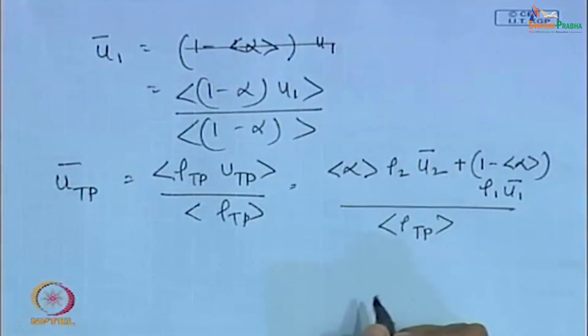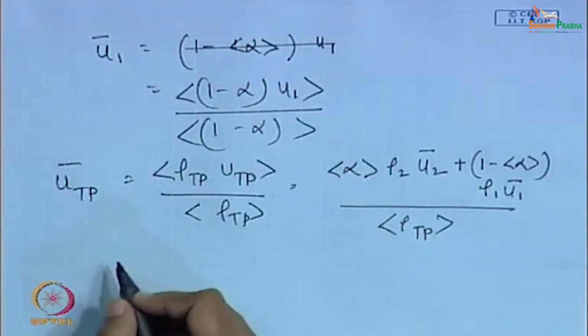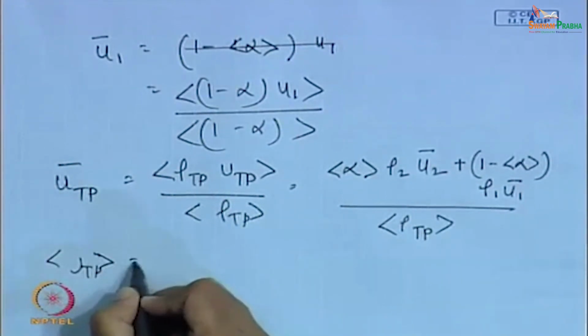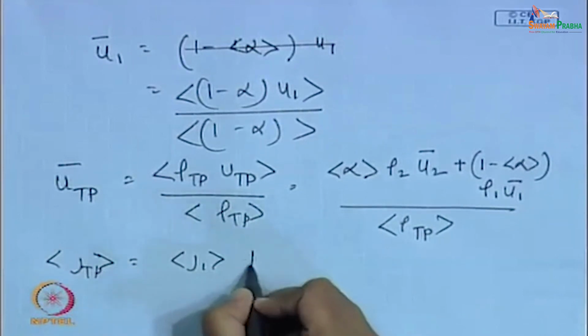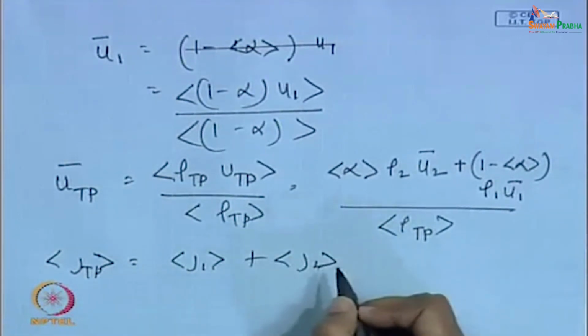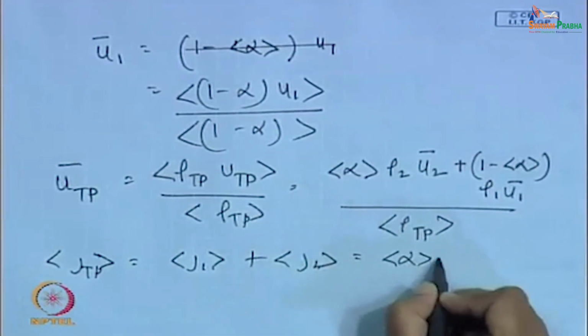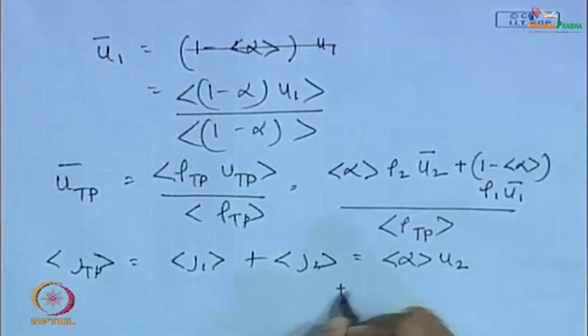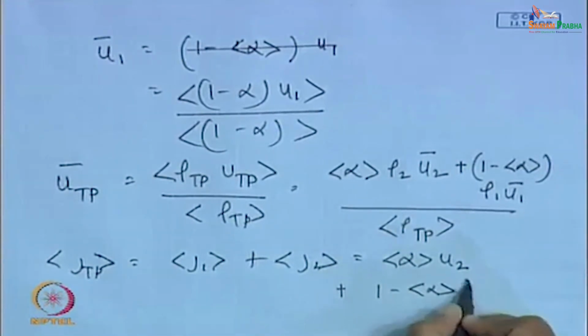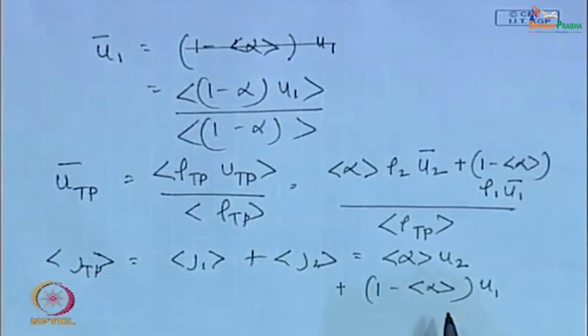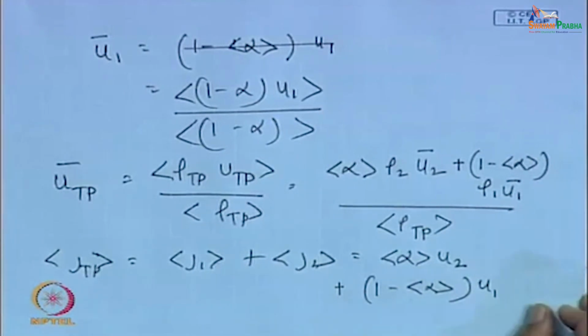This is the thing. And in the same way, if you find out the volumetric flux, say J Tp, this is J1 plus J2. Okay. This is nothing but alpha u2 plus 1 minus alpha u1. Okay. In this particular way we can continue and we can define all the different properties.